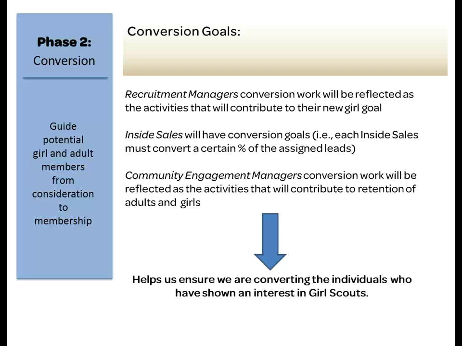And community engagement managers, similar to recruitment managers, their conversion work will be reflected as the activities that contribute to retaining girls and adults. All of this is just making sure that we're converting individuals who have shown an interest in Girl Scouting. I think this is one of the most exciting things about the system, is it's really going to help us keep track and do a better job with all the follow-up.